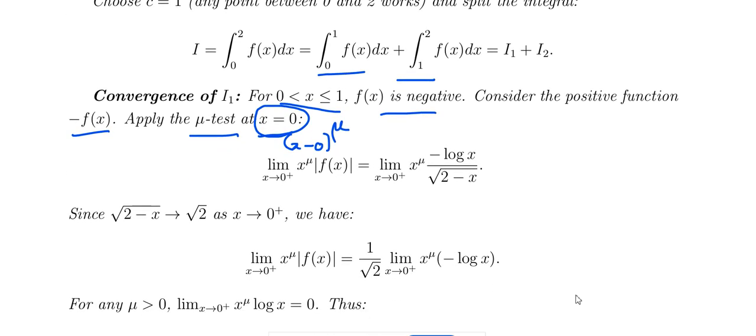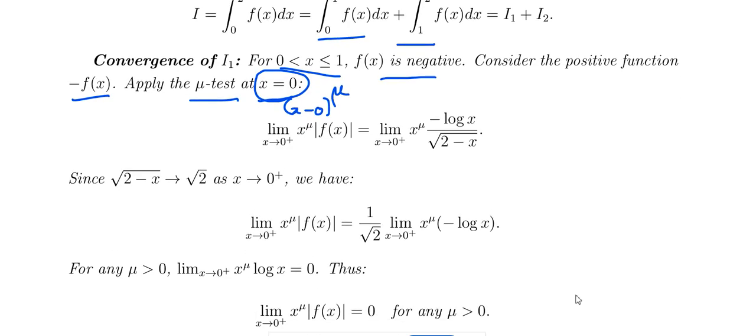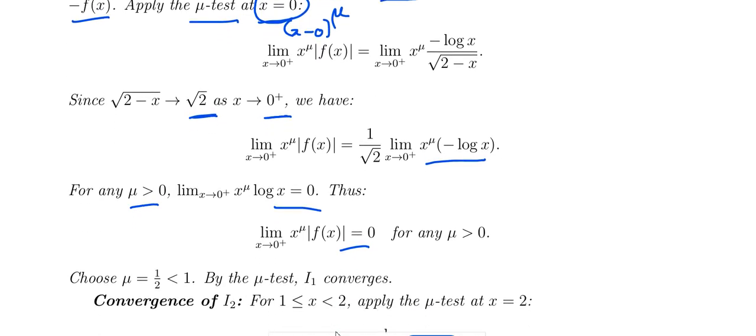So என்ன ஆகும் அது, root 2 minus x as x tends to 0 plus, root 2னு வந்துடும். So x power mu f of x என்றது 1 by root 2 into the something வருது. இதில் mu என்றது greater than 0னா this is equal to 0. Therefore this is equal to 0 for mu greater than 0.